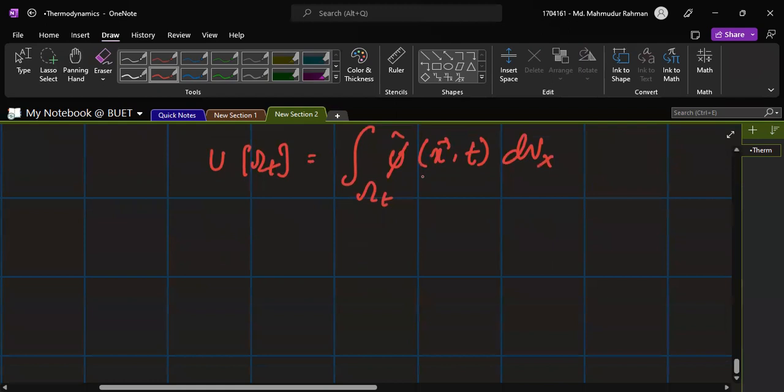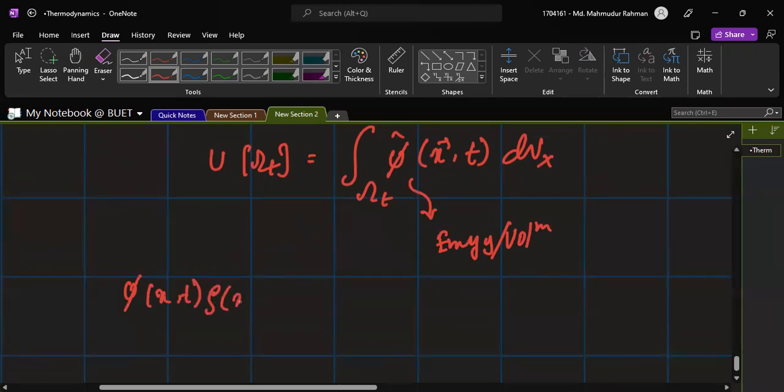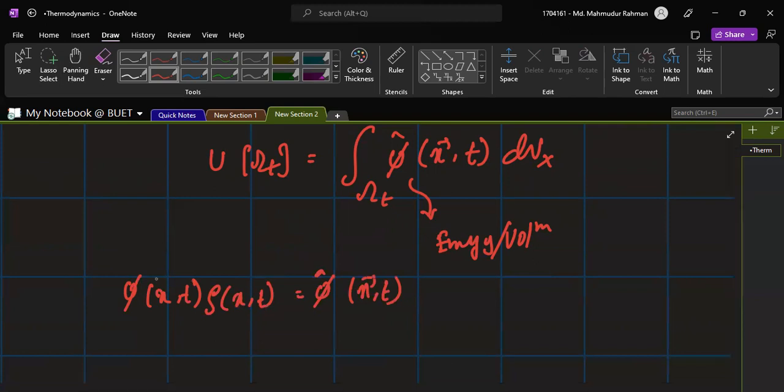So this expression is for energy density per unit volume. So what is the energy density per unit mass? What you have to do is to multiply it with density. Then you get energy density per unit mass, sorry, per unit volume, which you denote by phi hat.